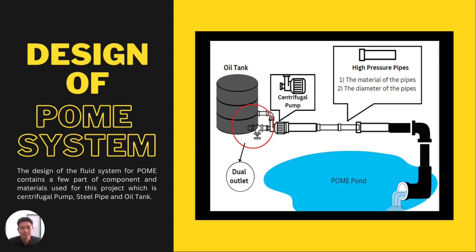For the pipe, we use a high pressure pipe, where we are going to determine the material of the pipes and the diameter of the pipes. This will determine the relationship between the diameter of the pipes and the flow rate of the oil going out to the pump.